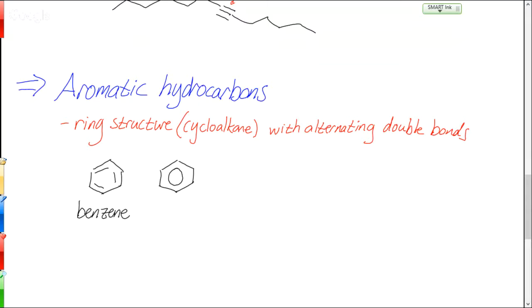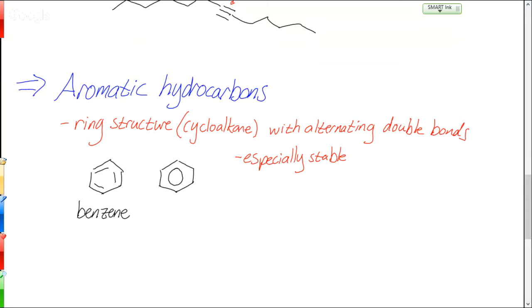These types of structures are especially stable, and they don't react the same way as other double bonds. They do special stuff. But they're so stable that they're formed a lot in nature, because nature is usually going from less stable to more stable.